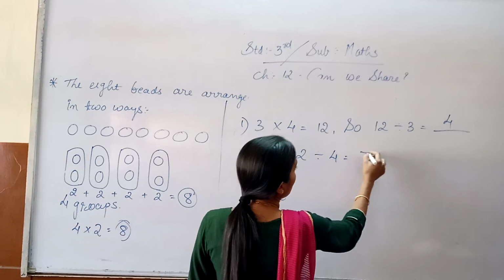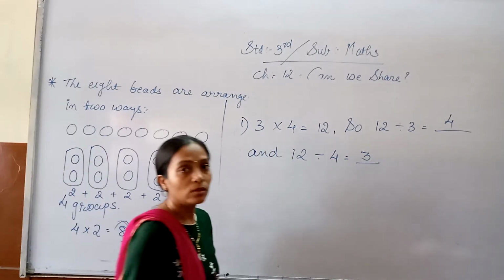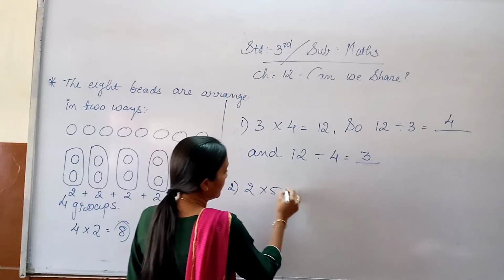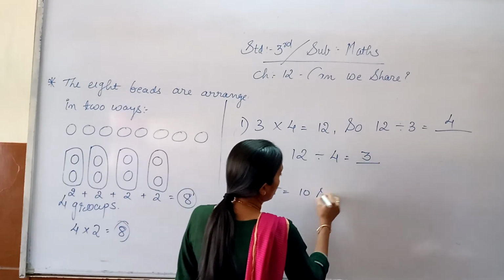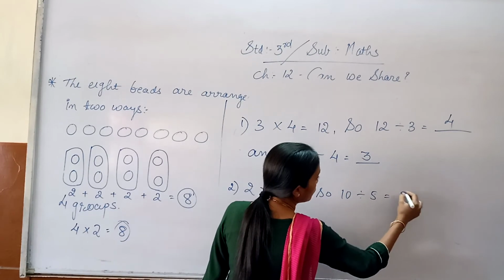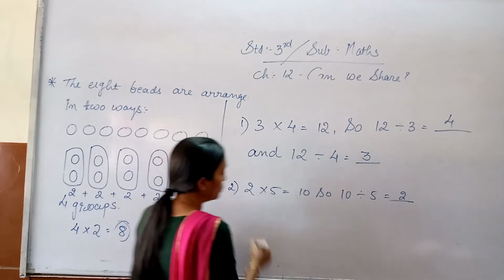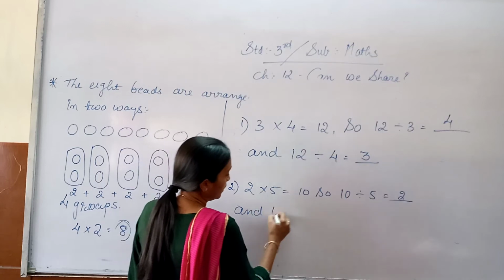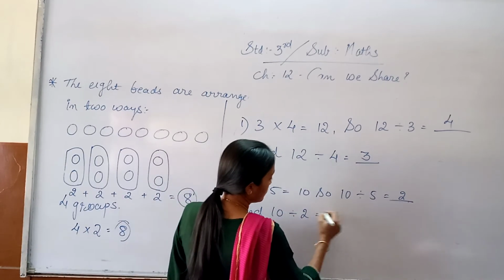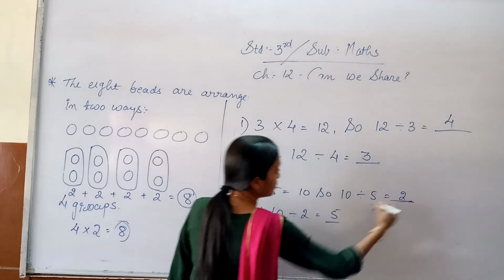So 4 3s are 12. Second one, it is 2 5s are 10. So 10 divided by 5 equals 2. 5 2s are 10. Now the answer is 2. And 10 divided by 2, it is 2 5s are 10.